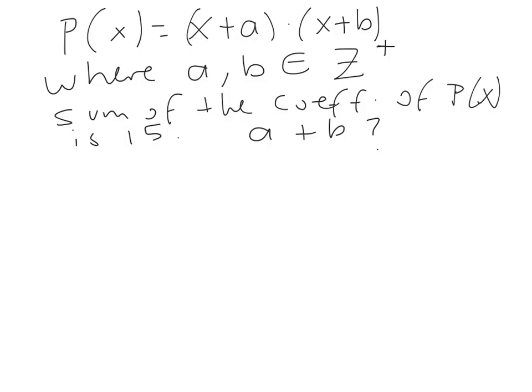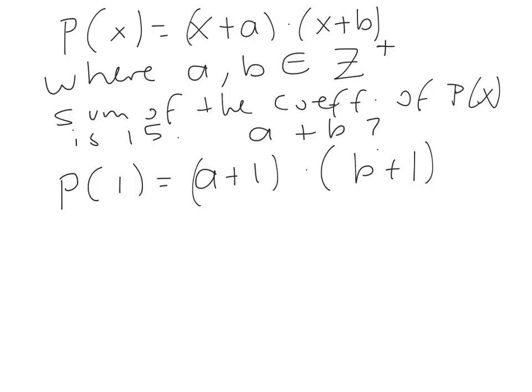Let's remember, how can you find the sum of the coefficients of a polynomial? Of course, by plugging in 1 for x. So p of 1 equals a plus 1 times b plus 1.